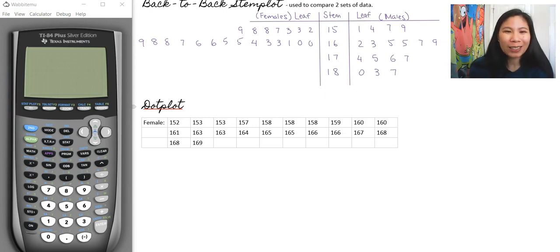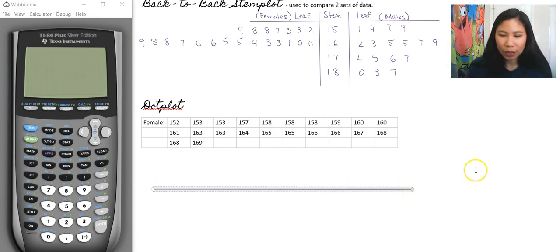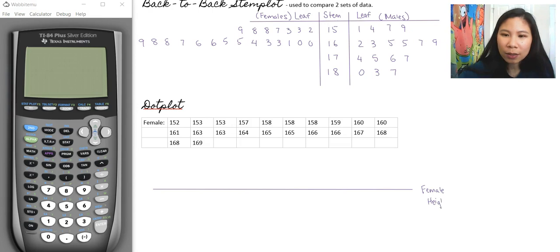So in order to make this graph, we want to first set up a horizontal axis. I'm just going to draw a horizontal line. We're going to label this as the x-axis, or for us, we are talking about female heights in centimeters.